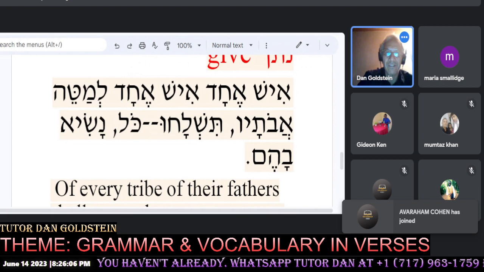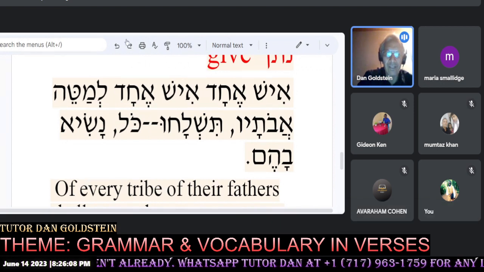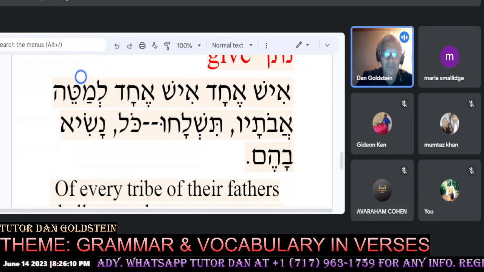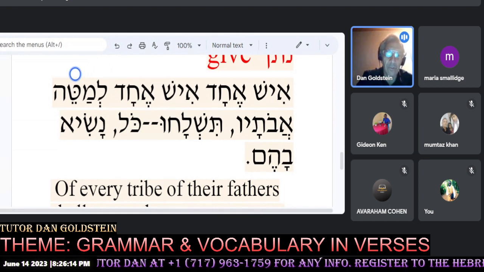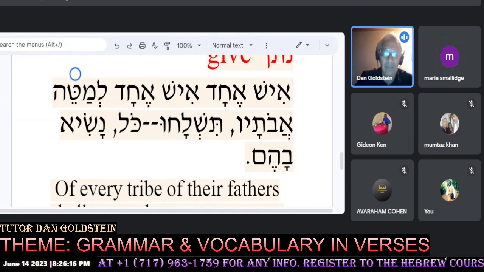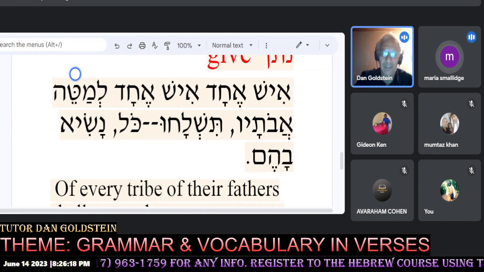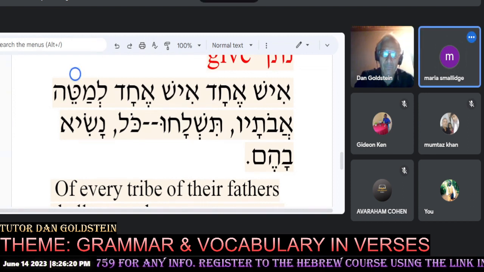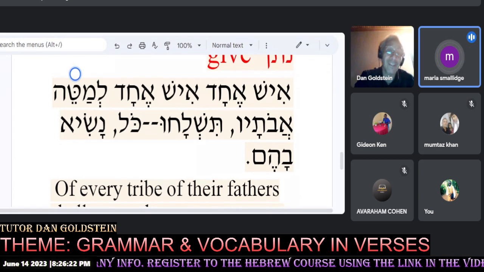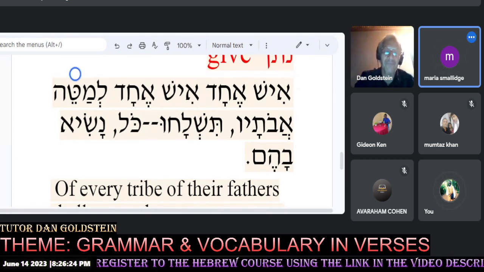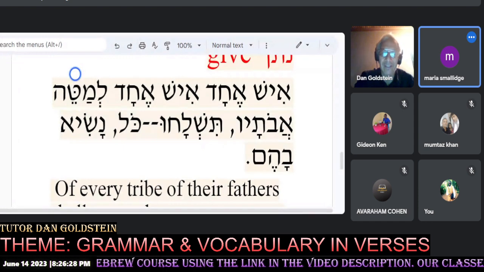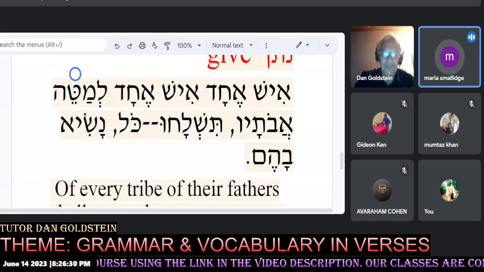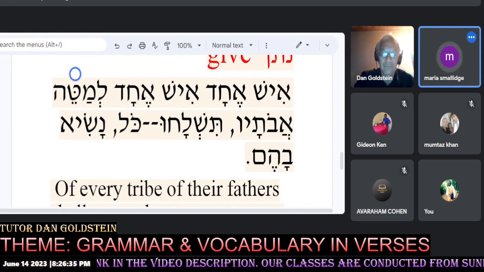Actually, let's just do that last word. So this letter where the blue circle is, do you recall the name of that one in the pronunciation? Is that a mem or a tet? A tet. And the other one is a mem, right? So limate.